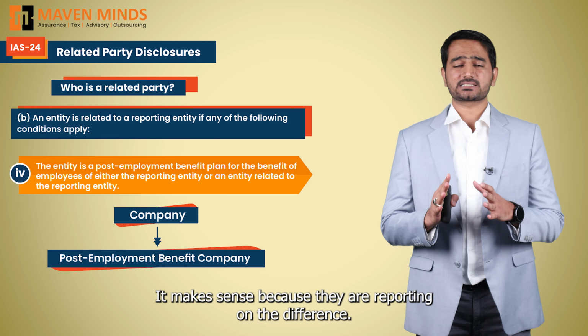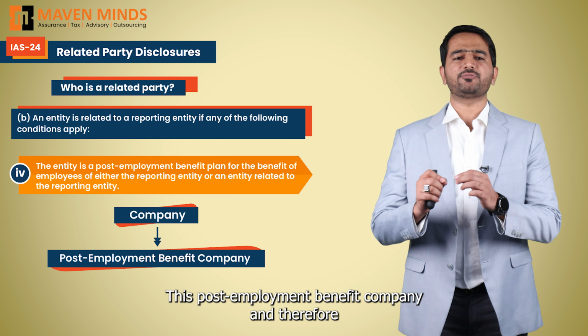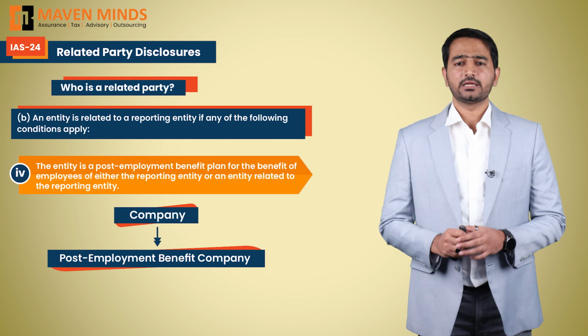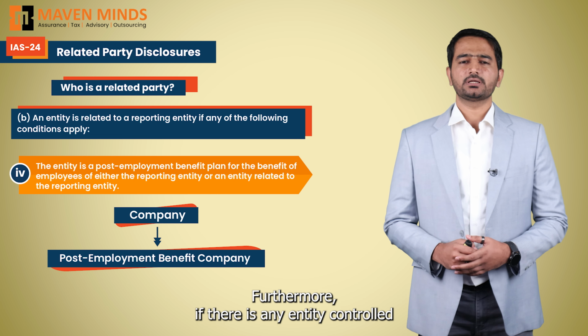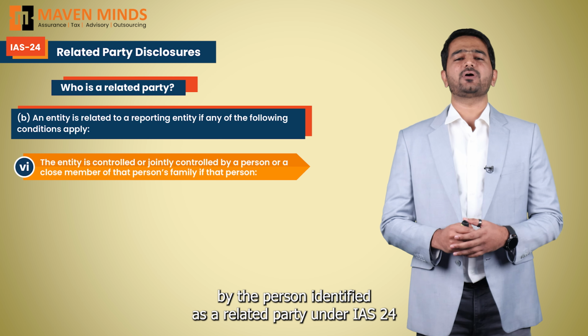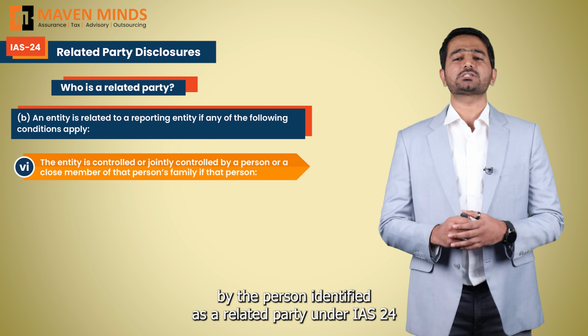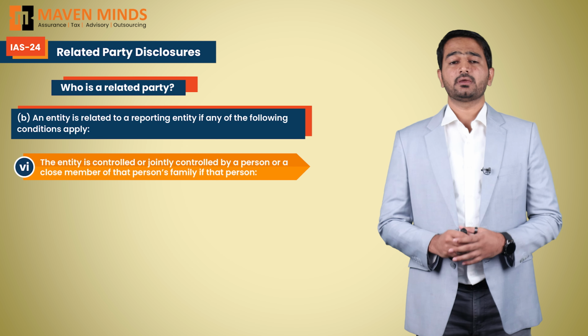It makes sense because the reporting entity funds this post-employment benefit company and therefore it should be recognized as a related party. Furthermore, if there is any entity controlled by the person identified as a related party under IAS 24, it is also considered a related party.